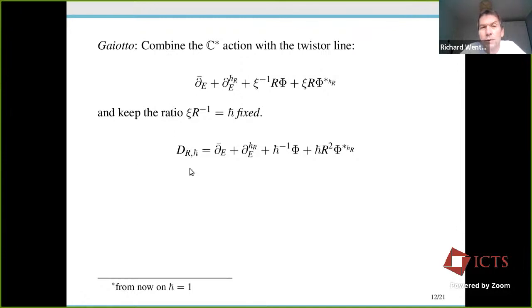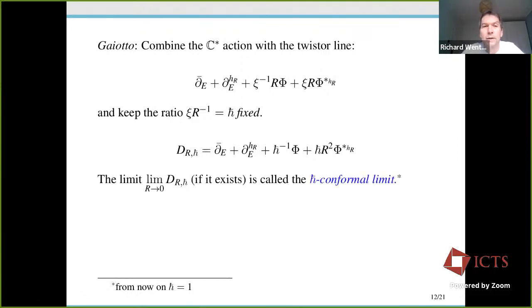Okay, so this is the family of flat connections that we get, again, just by some proportional combination of the C star action with the twistor line. And so we could ask what happens as R goes to 0.